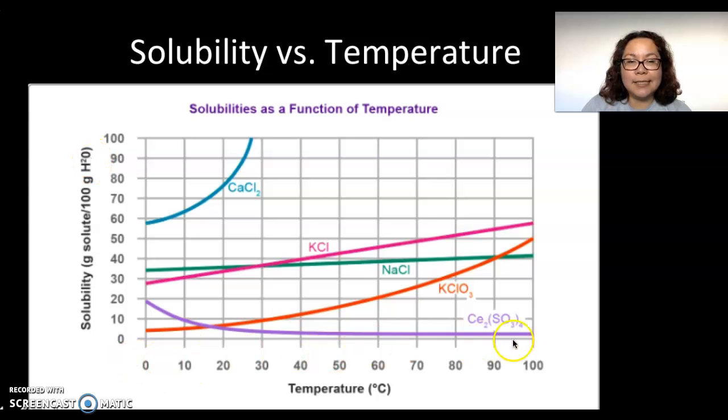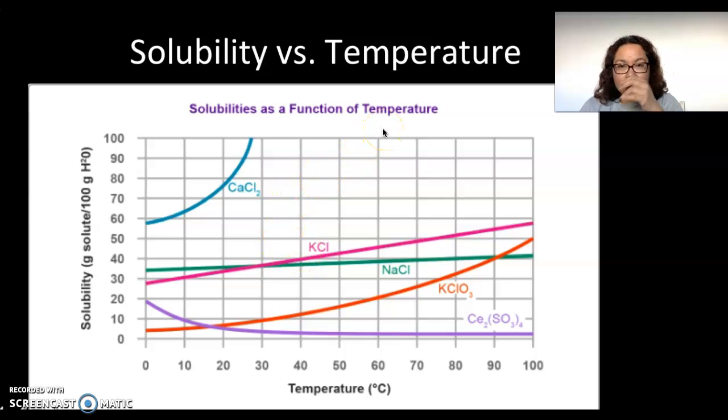The x-axis down here will be the temperature. And if you guys take a look, we've got 5 substances, 5 compounds. So each of these 5 compounds has its own specific solubility curve.